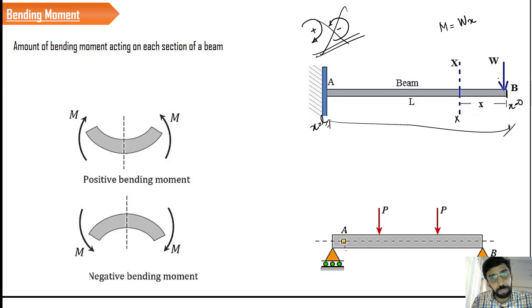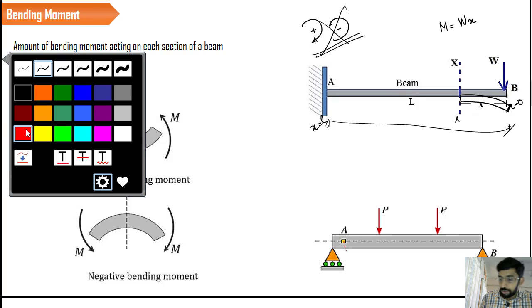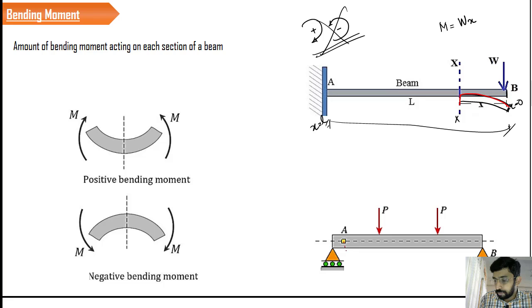Okay, so if you apply that particular approach here, see what is going to be the effect created by the load W at the section X, or how the beam is going to bend. The beam is going to bend like this. Such kind of bendings are called hogging, and that is negative.